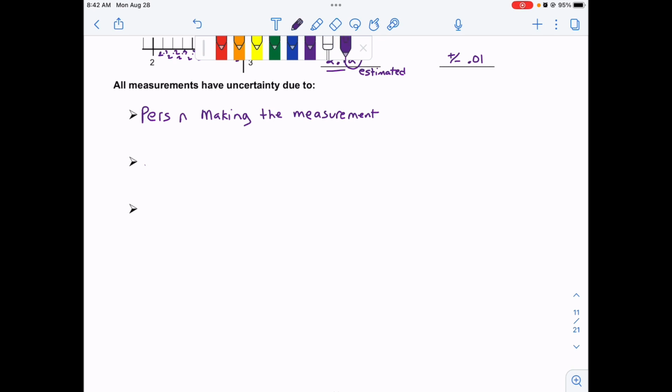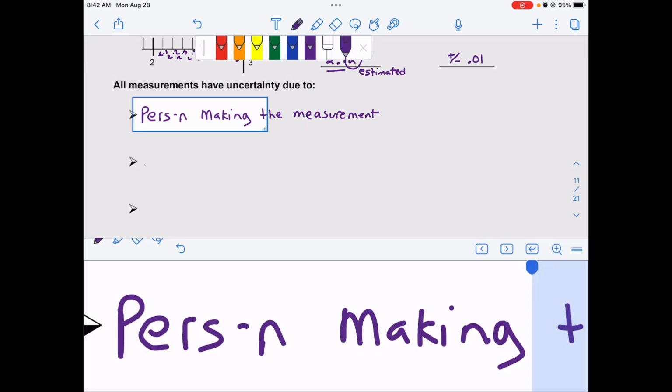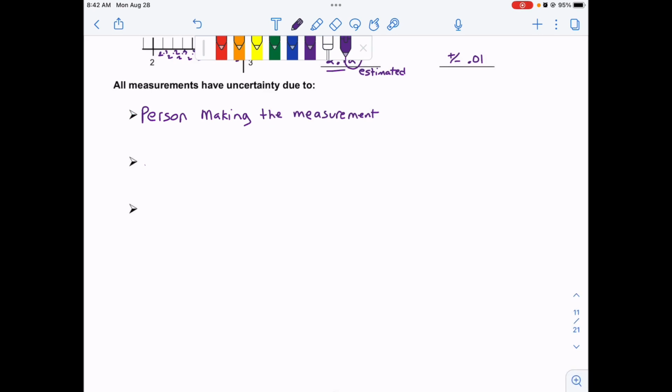The person making the measurement can have an effect on the tool. So I might have a harder time making some measurements because of my contacts or my ability to see the marks on the meter stick. That will affect whether or not I am able to read the device or see it clearly.